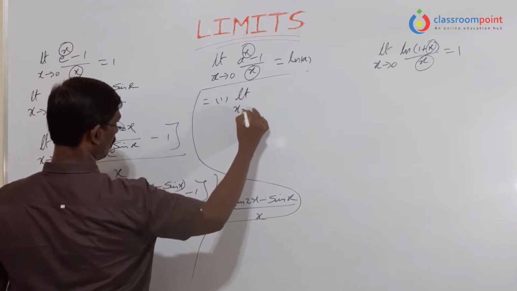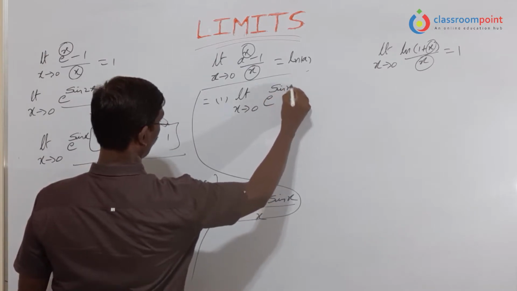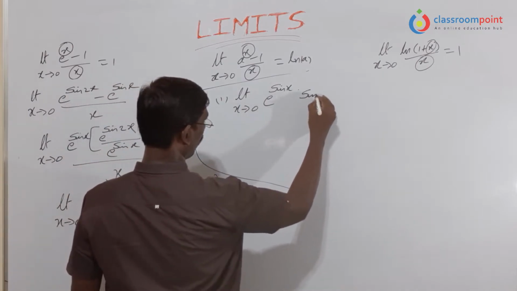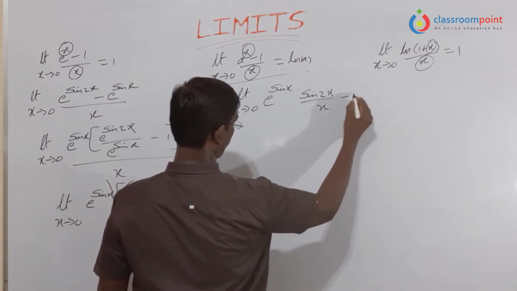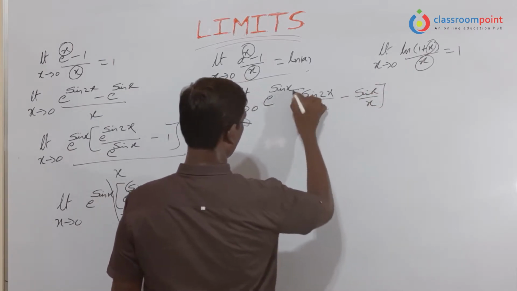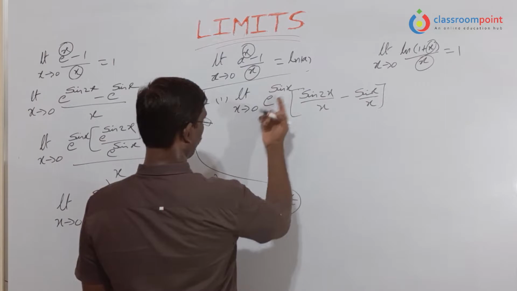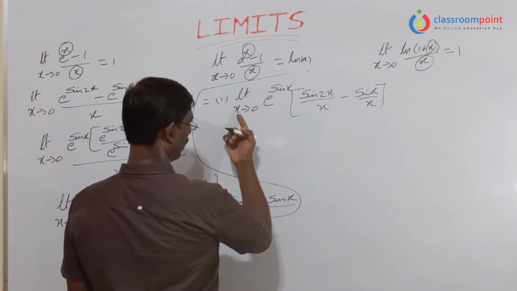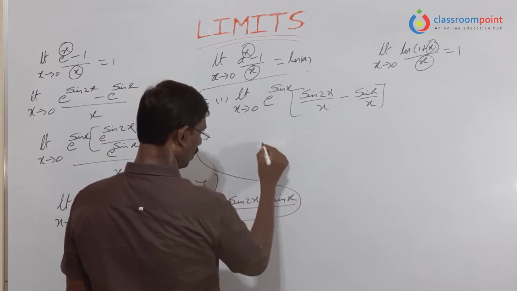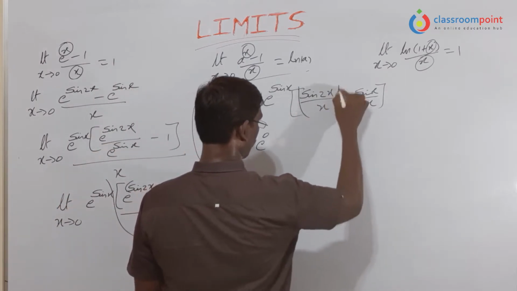Limit x tends to 0, e^(sin x) into sin 2x by x minus sin x by x. Take one bracket for this one. Take integration inside. Here you should apply limit x tends to 0. In the place of x, 0, you should apply sin 0. Sin 0 is 0. So it is e power 0, first point.